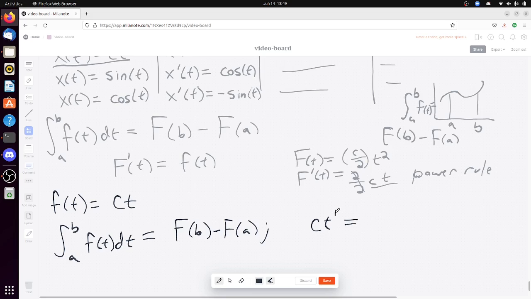So we're going to increase the degree by 1, so t squared, and we're basically going to pull a 2 out front. There is no 2 out front right now, but you can sort of imagine one there. And 2 over 2 is 1, which is why we have a 1 times here. So let me do an intermediate step here. Let's say that I rewrite it like this, and you can see that.